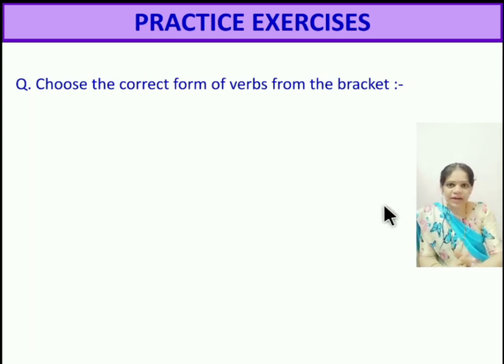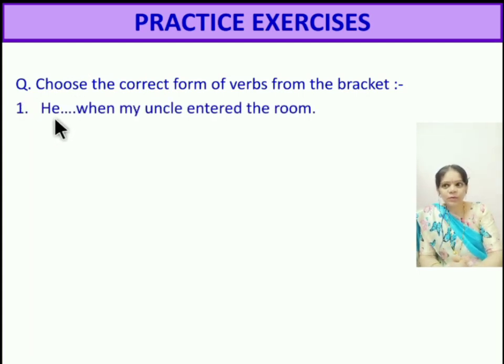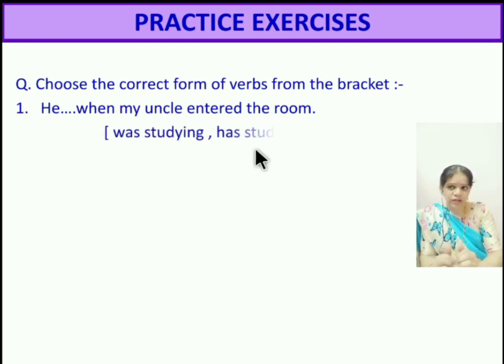There we go with the practice exercise, which you've got to do as a home assignment. Choose the correct form of verb from the bracket. Just read it. Now we don't even need the options to know. The main verb is studied for the first example. Study. Considering the word study, he studied when my uncle entered the room. Check.